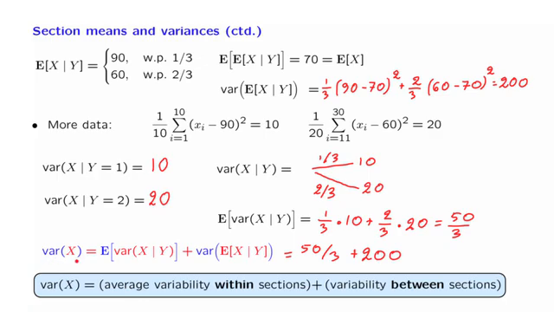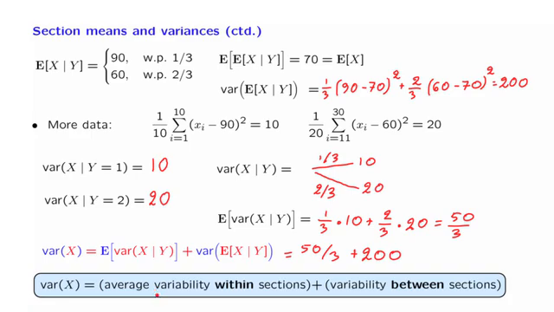The variance of the student scores in the entire class consists of two pieces. The first piece looks at the variance inside each section, which is 10 or 20 depending on which section we're looking at, and we take the average over the different sections.